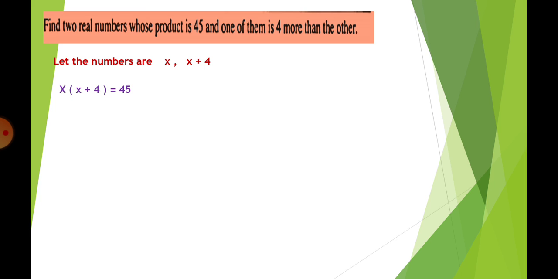Now we put the equation in the standard form. It will be x power 2 plus 4x equals 45, so x power 2 plus 4x minus 45 equals 0.